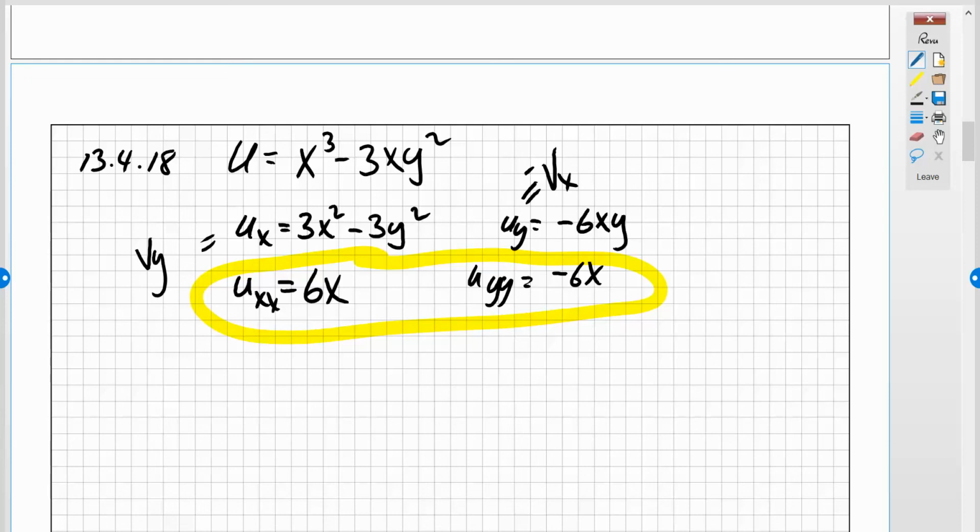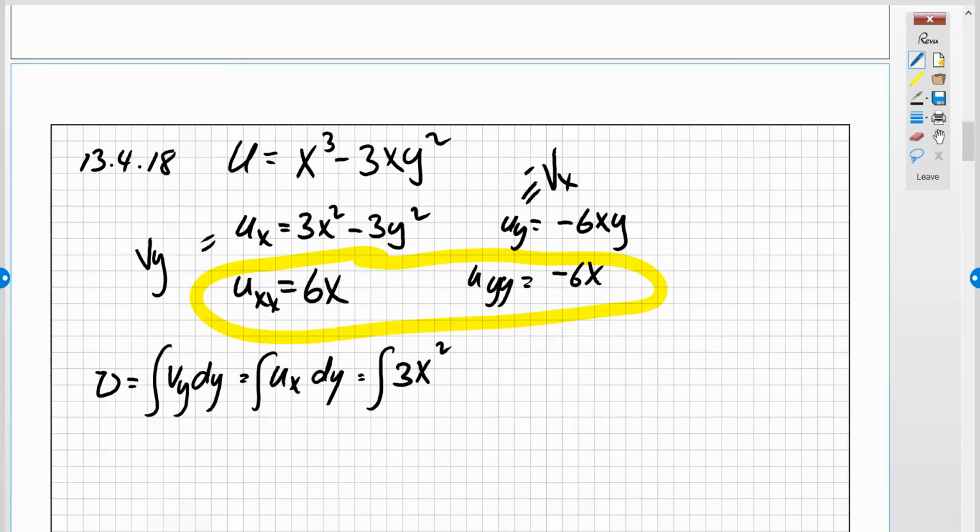So we're going to take our vy, which is ux, which is that term, and we're going to say that v is equal to the integral of vy dy, which is the integral of ux dy, which is the integral of 3x squared minus 3y squared dy, or v is equal to 3x squared y minus 3y cubed over 3, so it'd be minus y cubed, plus some h of x only, not a function of y.